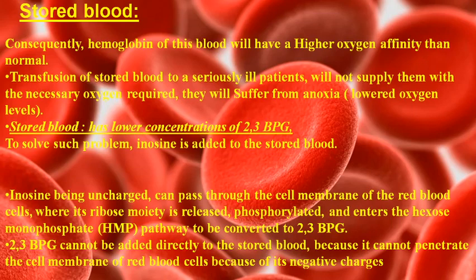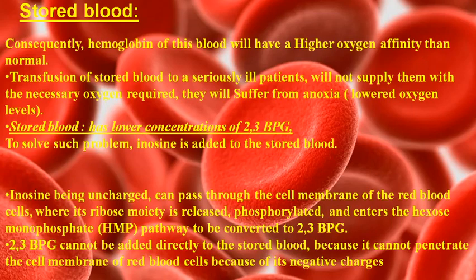So stored blood will not deliver properly the oxygen it carries, and this is serious for patients who suffer from anoxia. So stored blood has a lower concentration of 2,3-BPG.